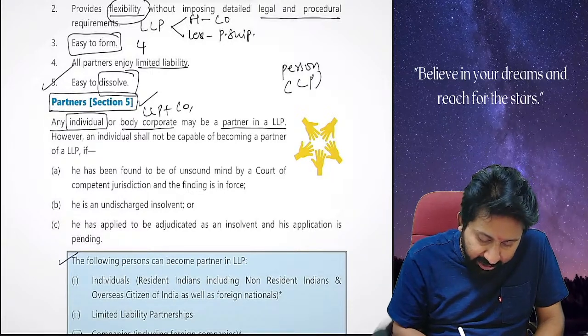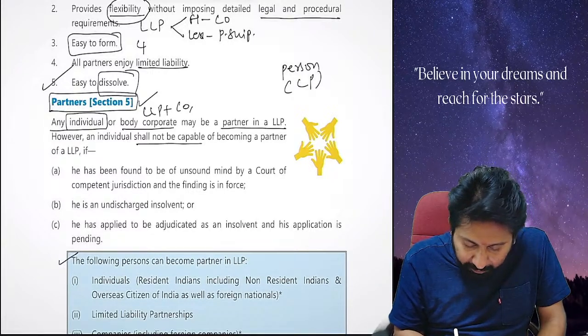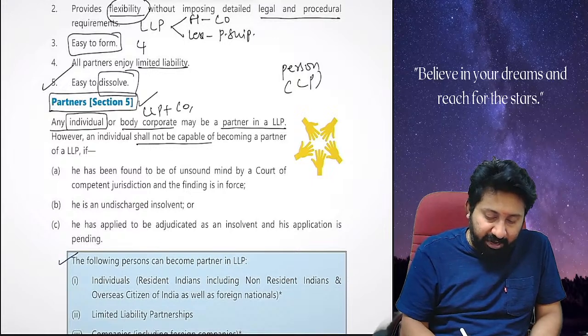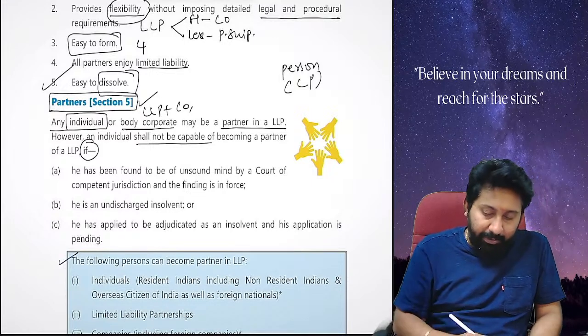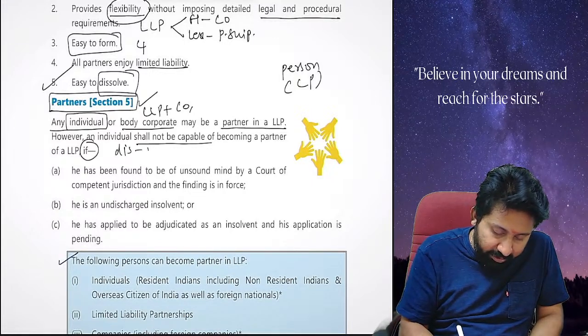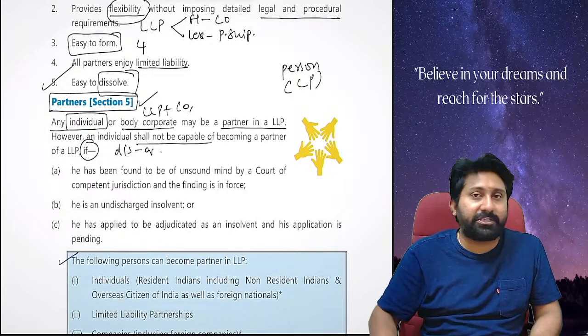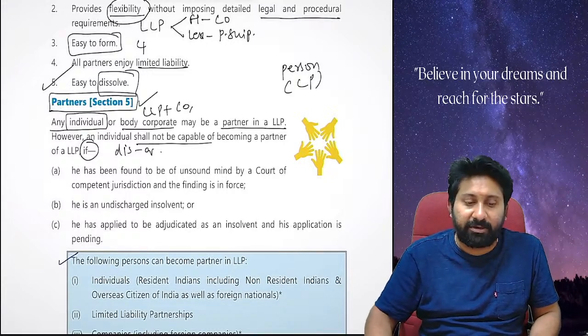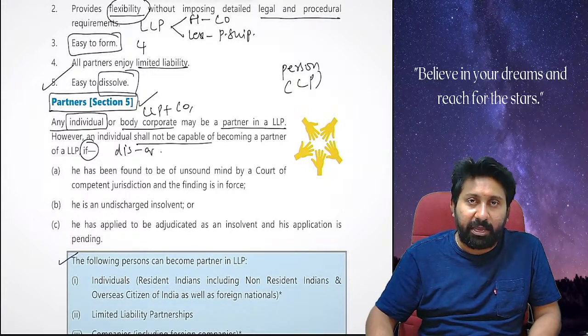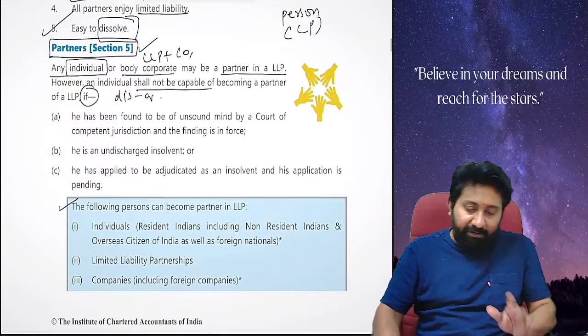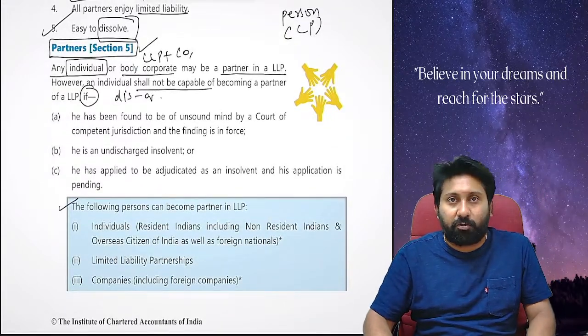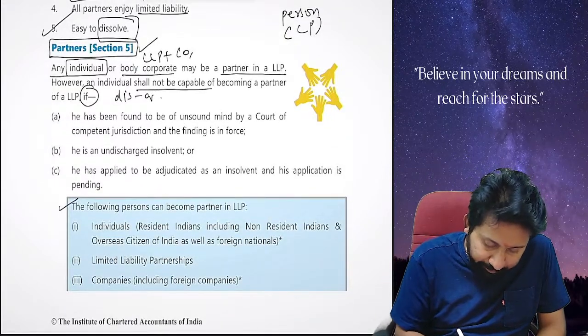However, an individual shall not be capable of becoming a partner of LLP if... We are now going to discuss disqualifications of becoming a partner. What are the grounds of disqualification? Let's understand.